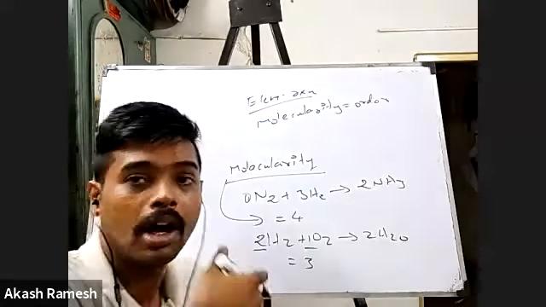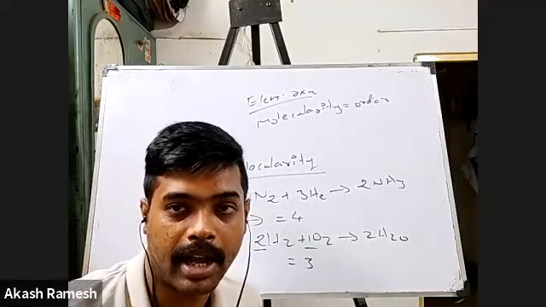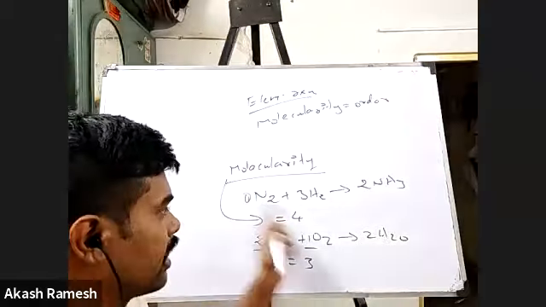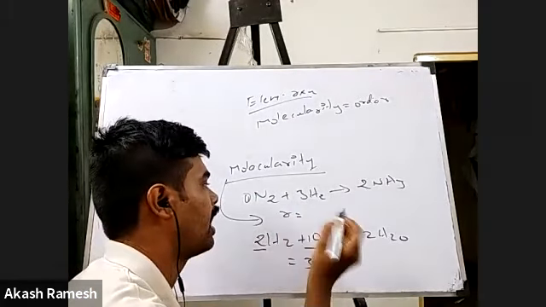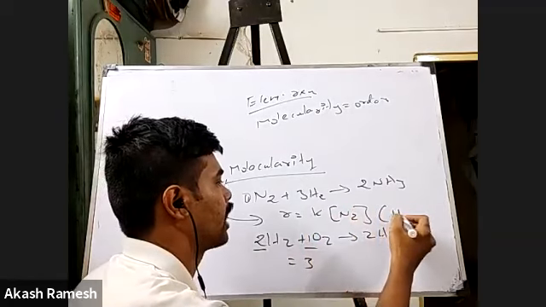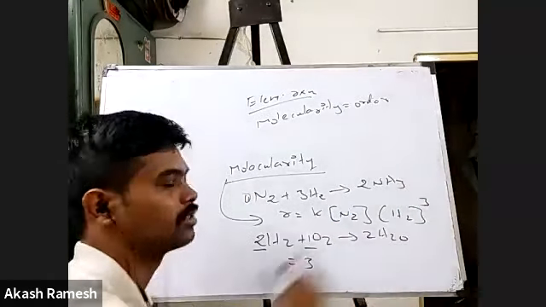I told you how order will work for an elementary chemical reaction. You can take the stoichiometric coefficient as the powers itself. This is what is happening here. If I write the rate law for this reaction, how will I write? R is equal to K into the concentration of N2 into the concentration of H2, and since it is an elementary reaction, I can write H2 to the power 3.